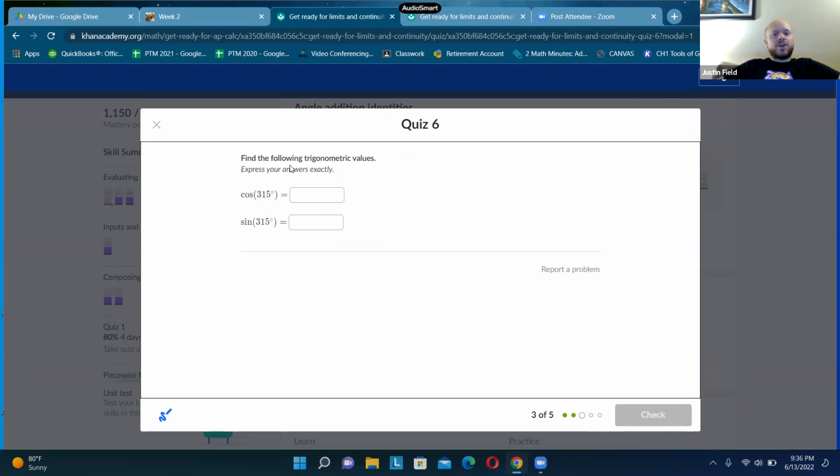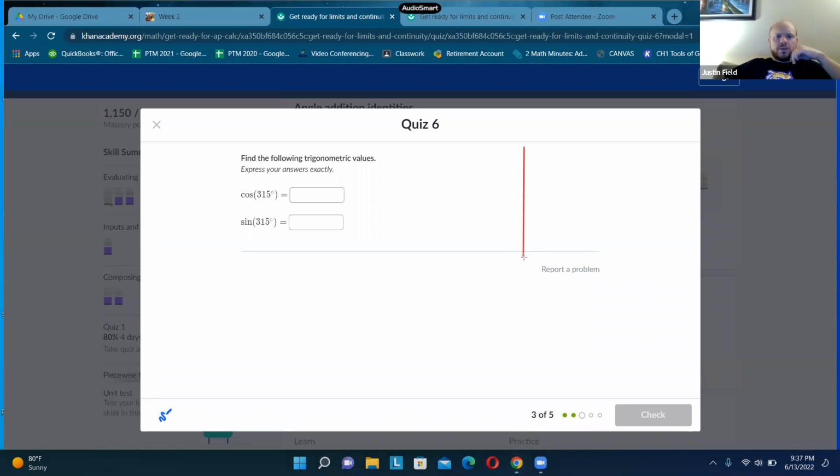Okay, so find the following trigonometric values. 315. Is that one of our staples? Let's talk about this unit circle. When we're doing the unit circle, we count by 45s and we count by 30s.